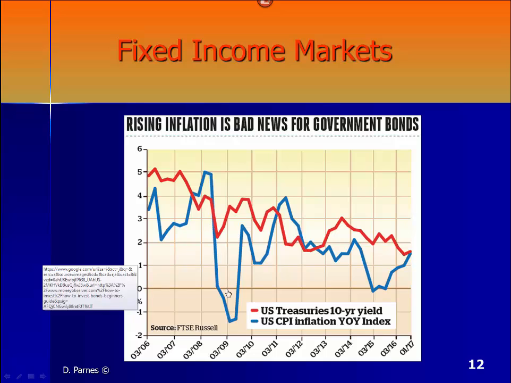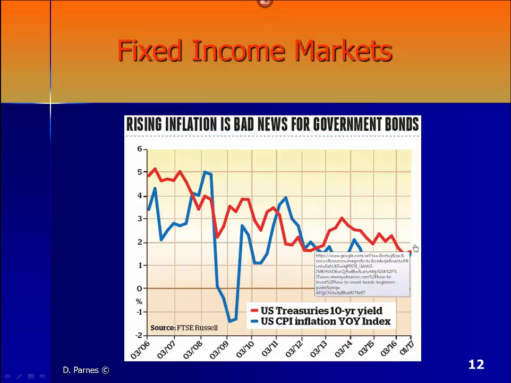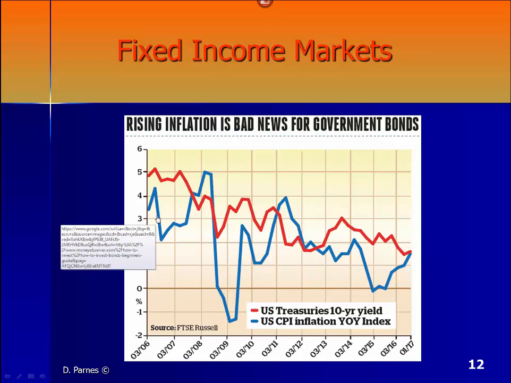When the inflation, the CPI, the blue line, is coming down, the yield goes up, and vice versa. When the inflation goes up, you can see that the yield of US Treasury goes down. Generally speaking, you can see an overall downward sloping trend for the red line for the US Treasury note, while the inflation is more volatile.